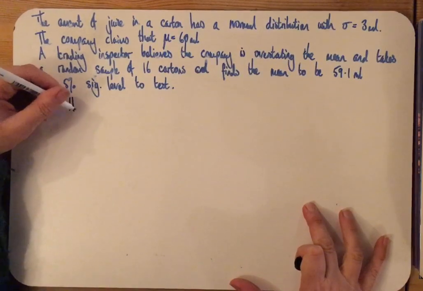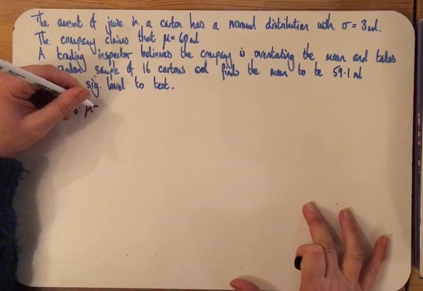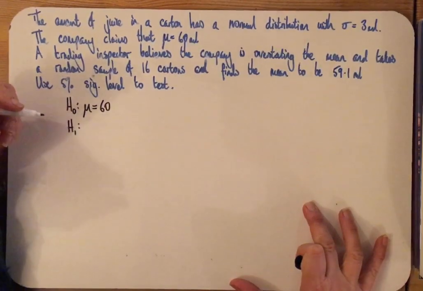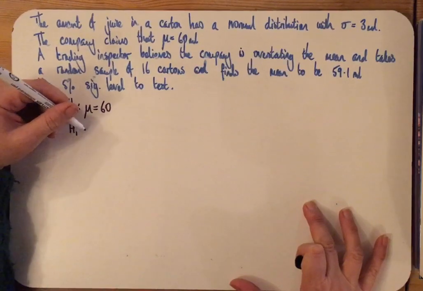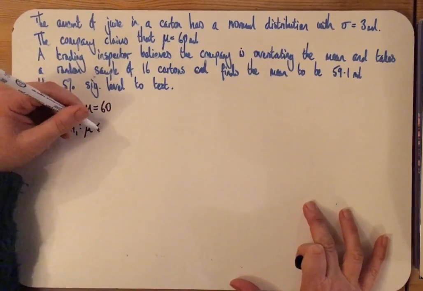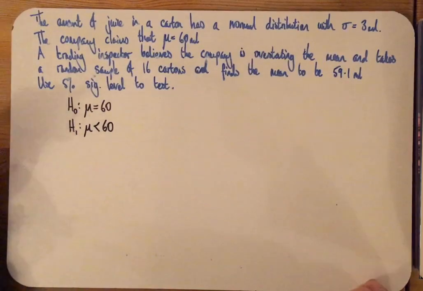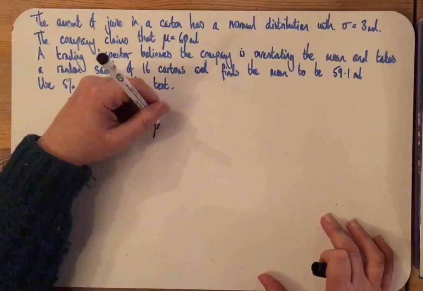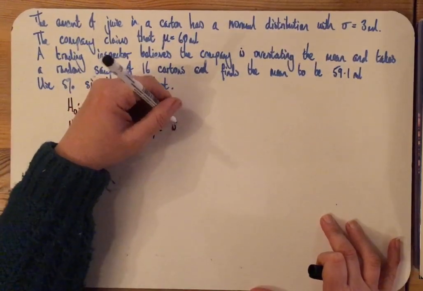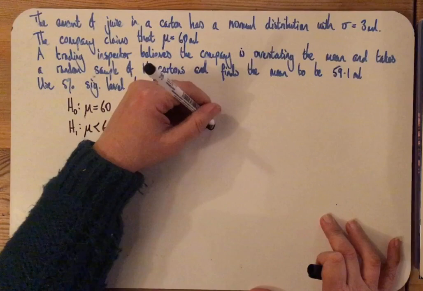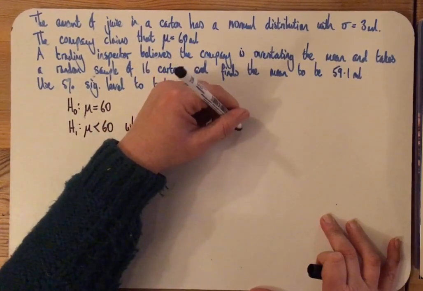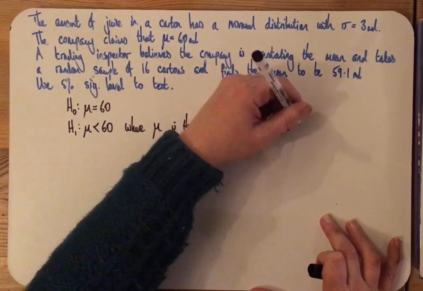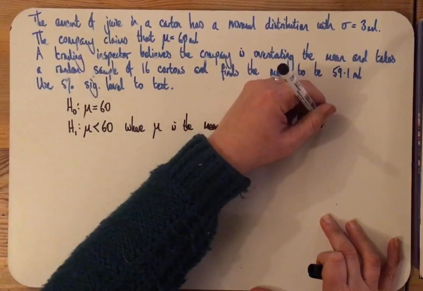So the null is that the mean is 60. The alternative, so he or she thinks that the mean of the population might actually be less than 60, or at least that's what they need to test, where mu is the mean amount of, I know it's annoying writing words in maths, gonna have to do it.